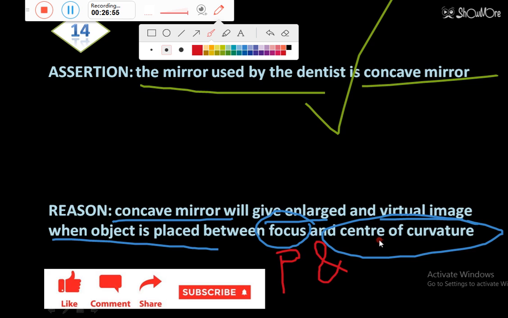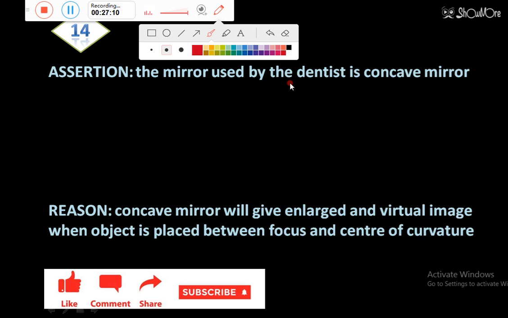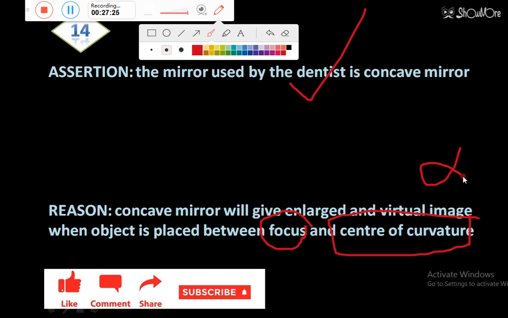When the object is placed between pole and focus, then we can get an enlarged and virtual image. So everything is okay, but it says focus and center of curvature. This is false. So the assertion is true, but the reason is false due to this last position. Otherwise the reason was almost correct, but this position is not true, so that's why it is wrong here.